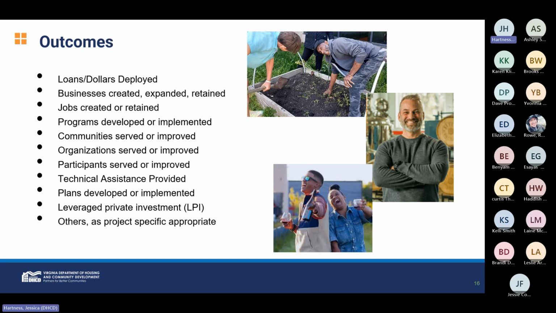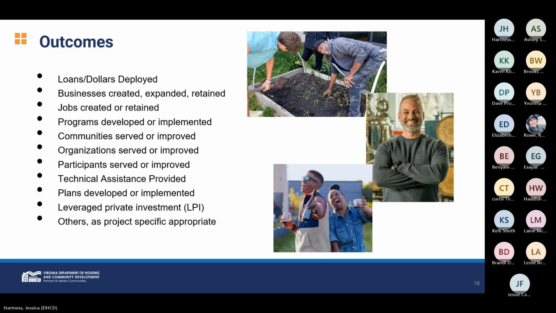So how many loans or dollars would be deployed, businesses created, expanded, and retained, jobs created and retained, specific programs developed or implemented, the number of communities that are served or their service is being improved, organizations served and improved, participants as well, technical assistance that's been provided, any plans that are developed and implemented, in addition to leveraged private investment. And then, of course, there could be outcomes not listed here that would be project specific.